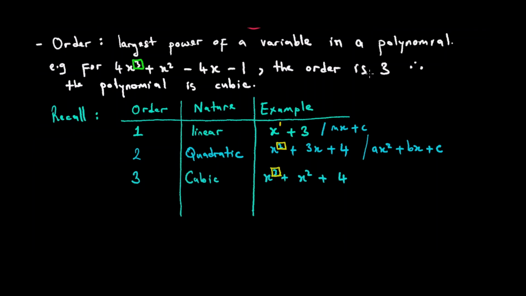That is the reason why we concluded the polynomial is cubic. A more general expression of a cubic polynomial is ax cubed plus bx squared plus cx plus d. These general expressions are going to be important, so please take note of how we write them. Of course, this was common in your O-level mathematics.